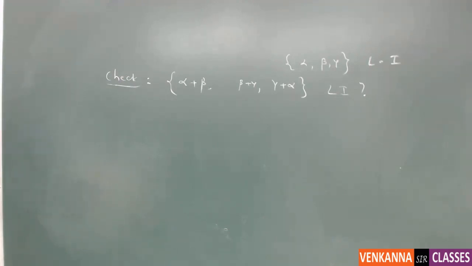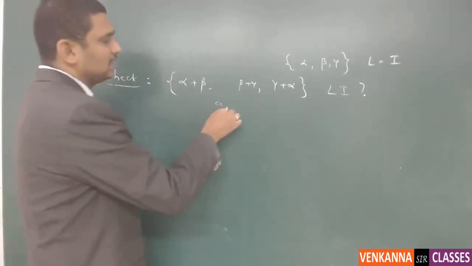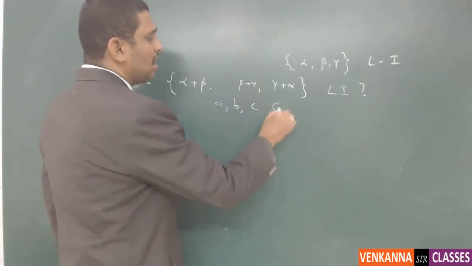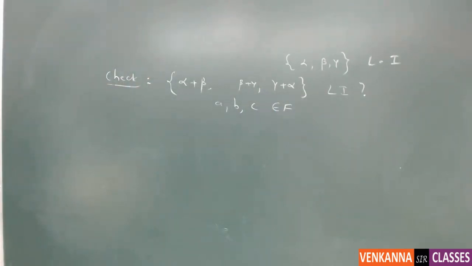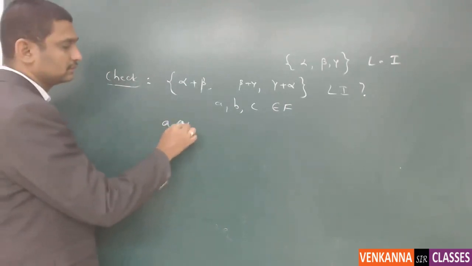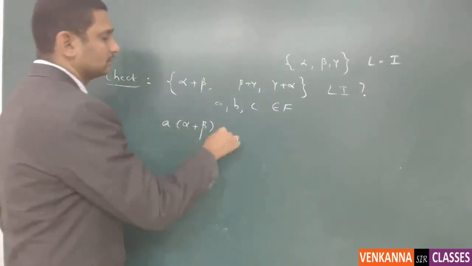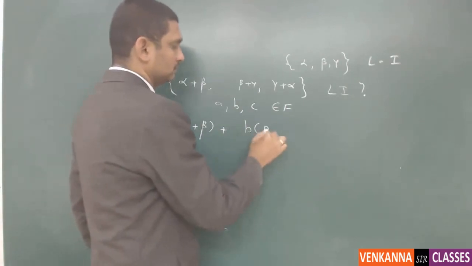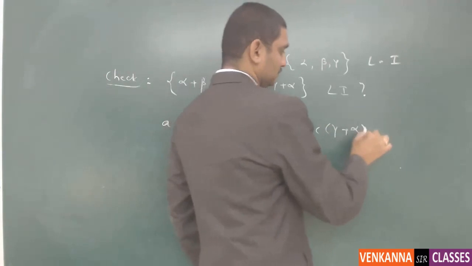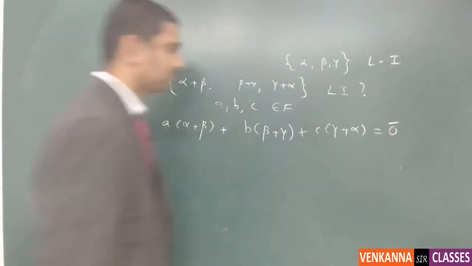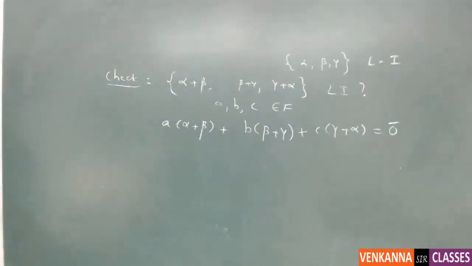Take the usual definition. So let us take that A, B, C are scalars, such that the linear combination is 0. Now, you can separate all the values, you can multiply all the things.